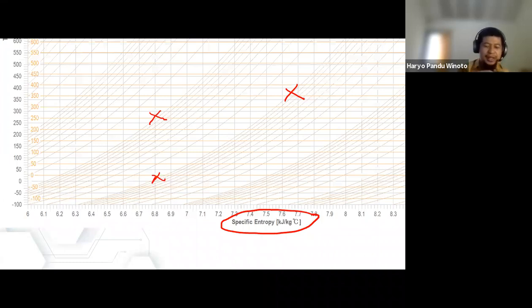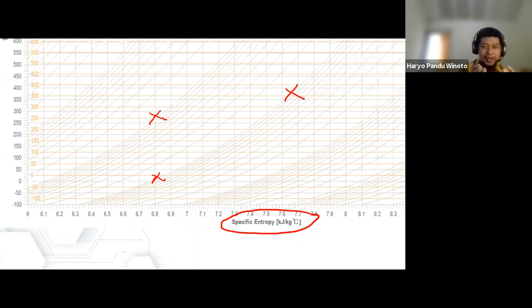Isentropic pumping, because you never want to increase the pressure of steam; you always want to increase the pressure of water. And then what? Isobaric heating. You find the isobar line. Then what else? Isentropic expansion.